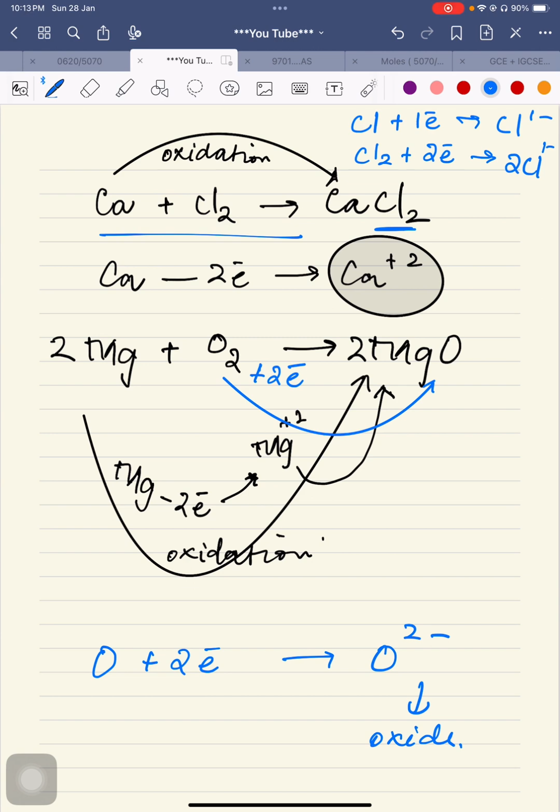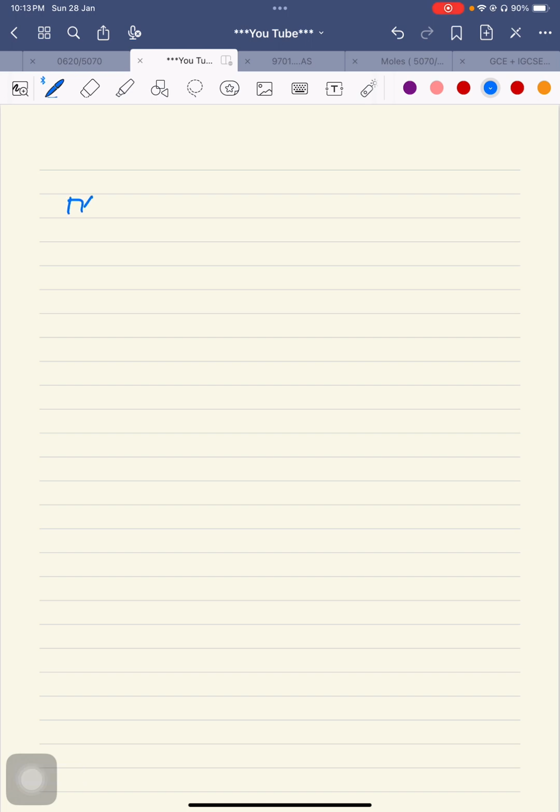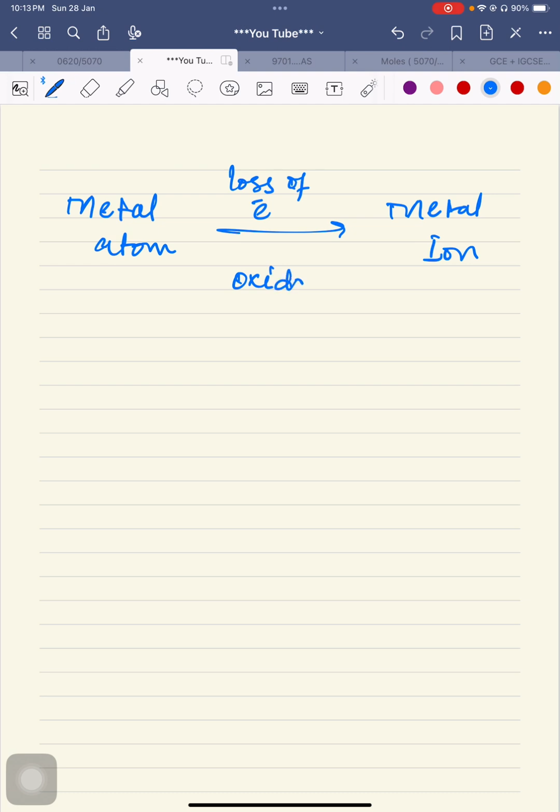Remember that whenever a metal atom is converting itself into a metal ion, it is formed by loss of electrons. So we can say oxidation is always happening. A metal ion is always a positively charged ion. A positively charged ion is formed by loss of electrons, that's why oxidation is occurring.